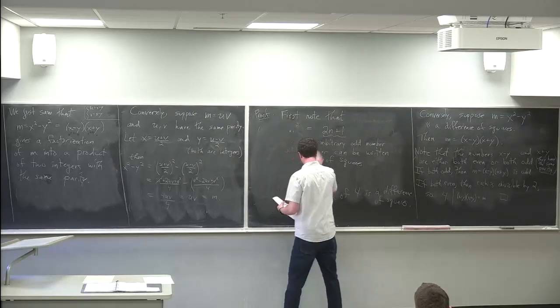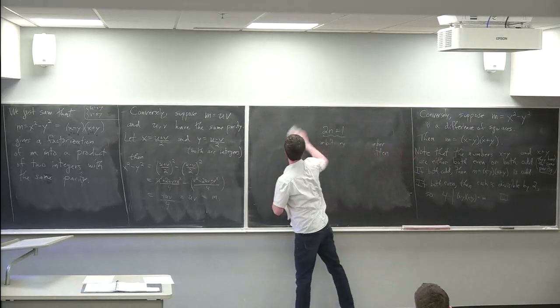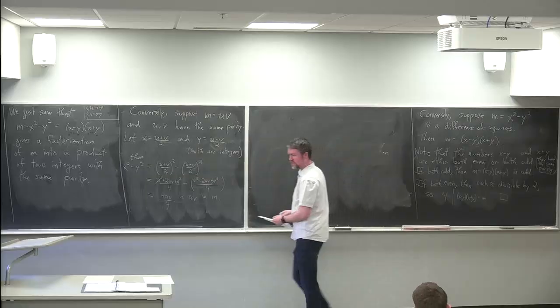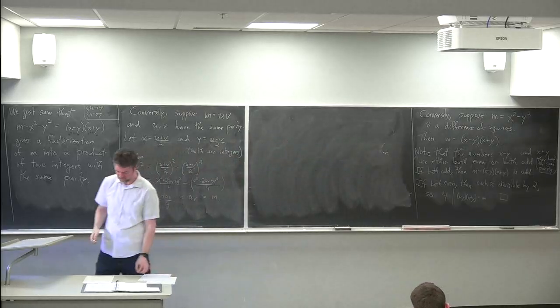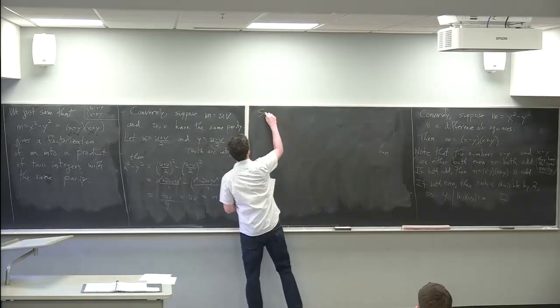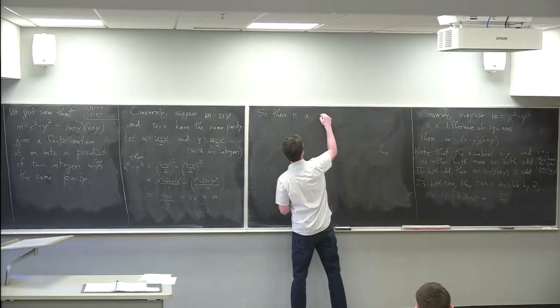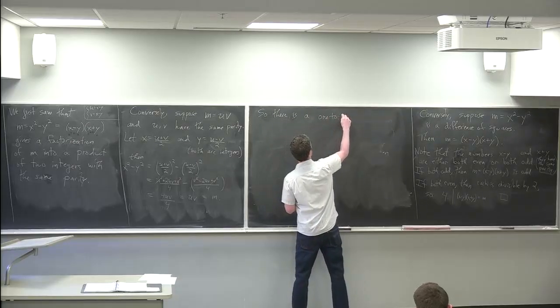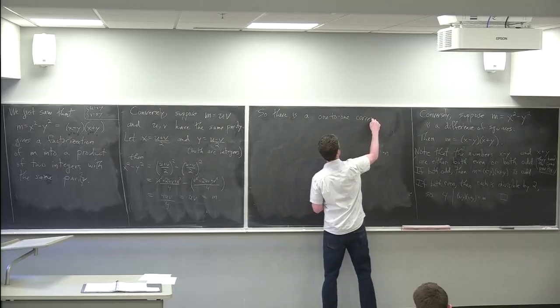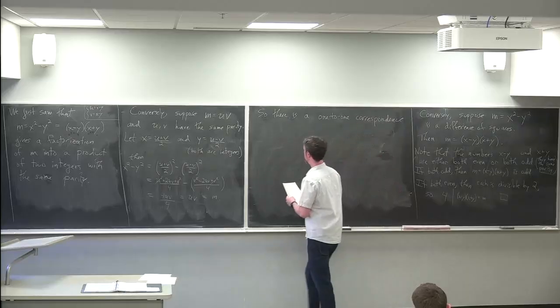So anyway, here's our conclusion from this little discussion. Sort of informally just explained everything that goes into this. So there is a one-to-one correspondence between the following two things.